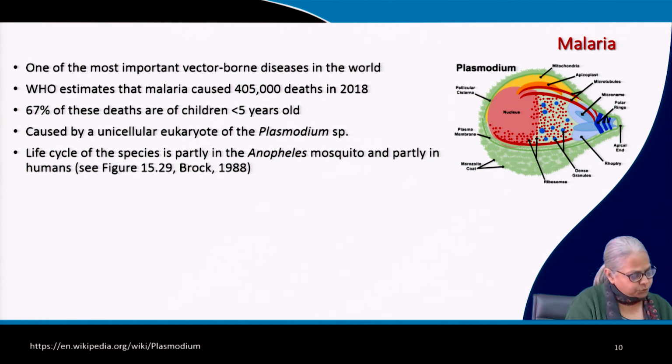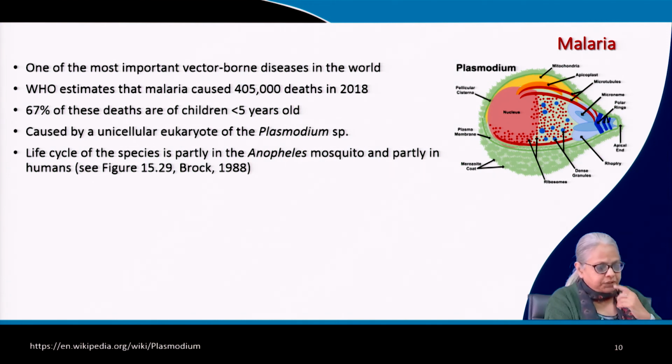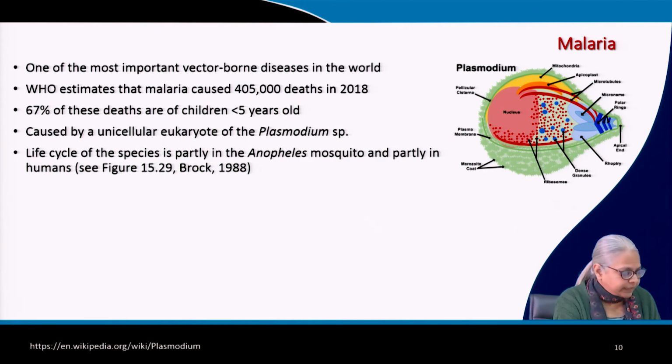Let me come to the life cycle of this Plasmodium species. So you can refer to the figure mentioned over here, 15.29 in the text, and I will just briefly describe to you how malaria is transmitted.